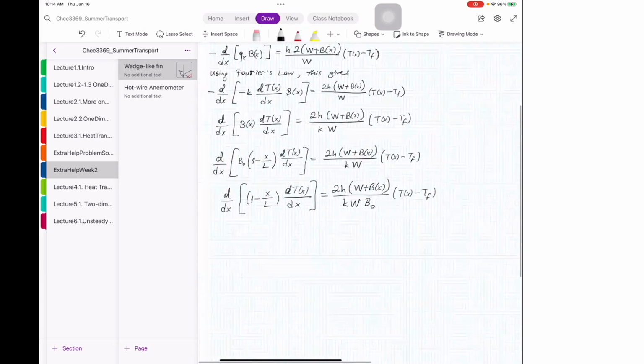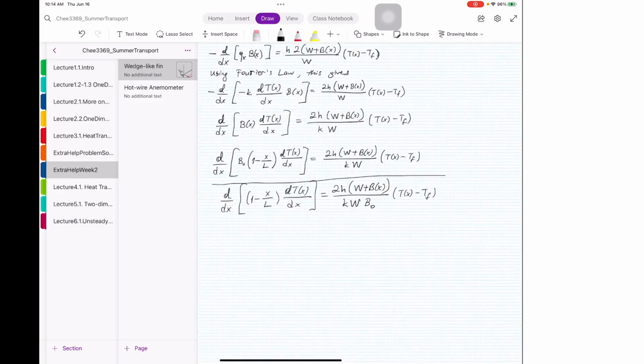There you go. So this is your governing differential equation, which is being asked in the problem.